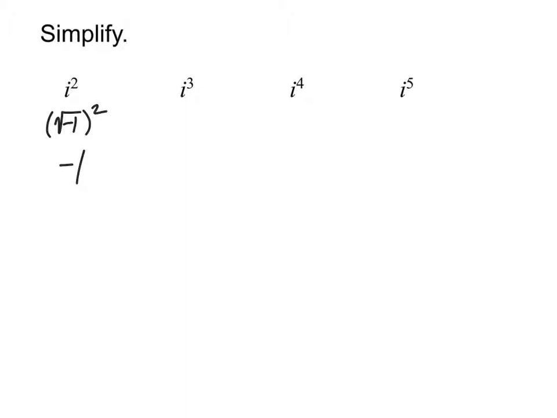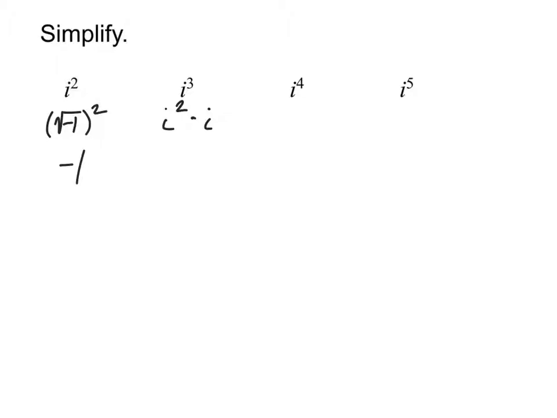i cubed. Well, a little bit of trickiness here will let us figure out what i cubed is. I can rewrite i cubed as i squared times i. It's a little bit of trickiness and creativity there. Why would I want to write it like that? Because I know what i squared is.